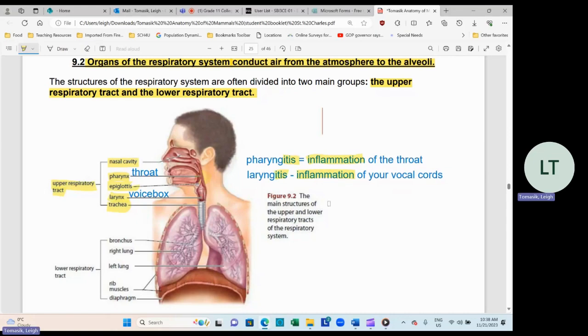Usually you don't have tracheitis. That's not a part of your respiratory tract that gets infected, but then we get down to the lungs. So your trachea eventually splits into two branches, and each branch is called a bronchus, right?